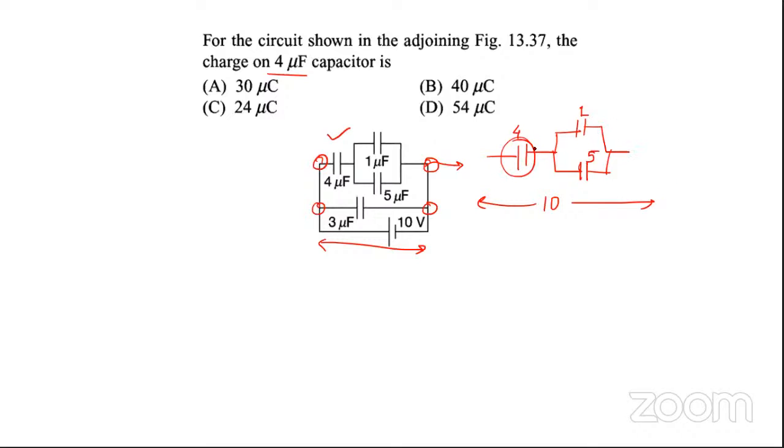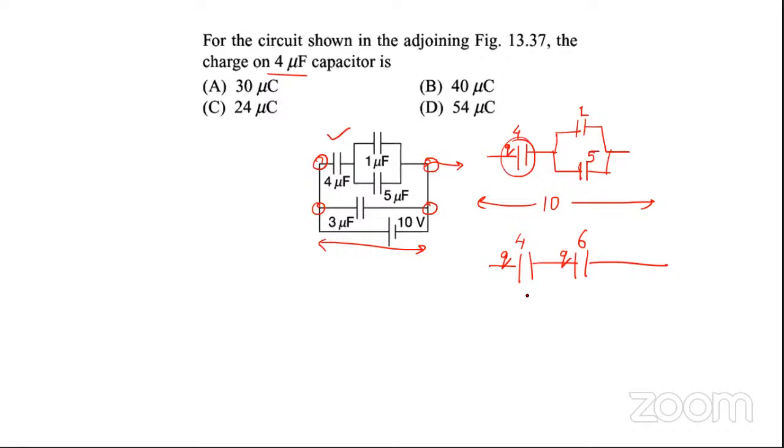So what is the total charge inside this branch? Let us suppose it is Q, all right? So Q is coming over here, and if we simplify the circuit, this is 4 and this is a parallel connection, so this will become 6. So here is Q, and this capacitor also gets Q charge.